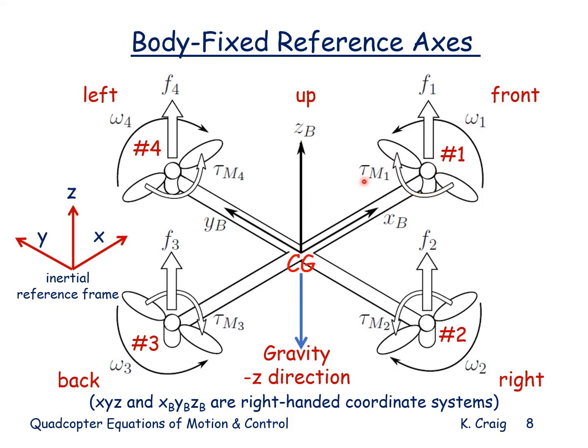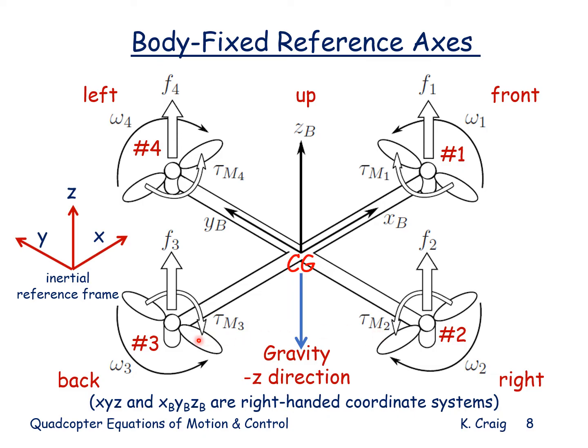This is the torque from motor 1. Similarly, motor 2 rotates in the clockwise direction. The reaction torque from the motor 2 rotor and propeller acts in the counterclockwise direction and is indicated by tau sub m2.